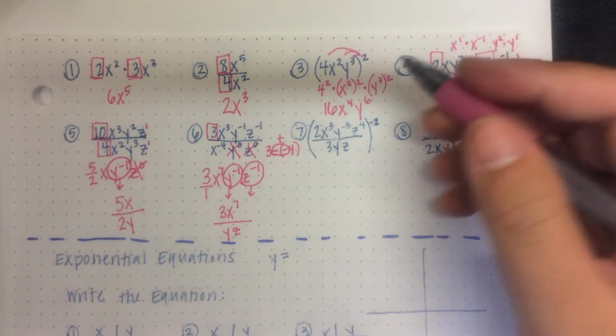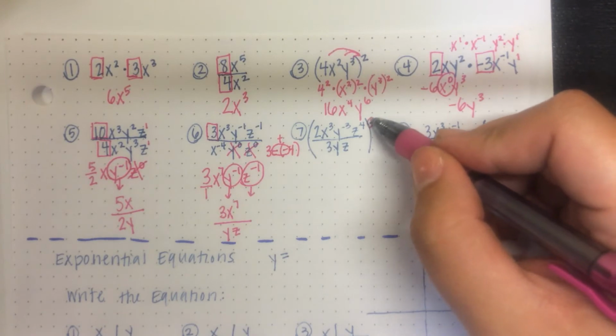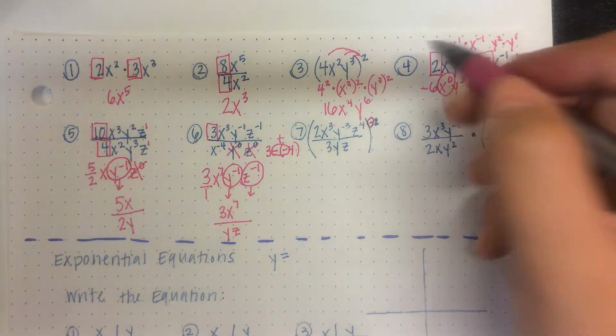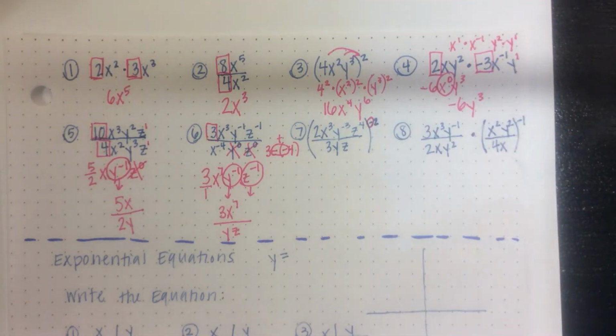Or what I'm going to do is go ahead and get rid of this negative right off the bat, because negative exponents are ugly and they're intimidating. So to get rid of the negative, let's talk about one on the side. I'm going to change colors here.